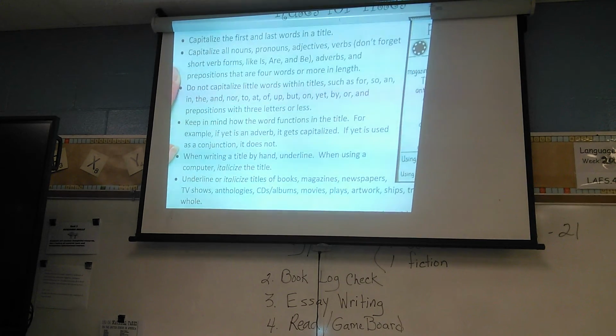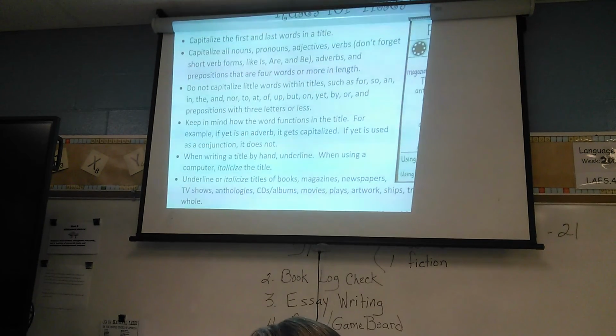They get capitalized. A preposition like above or under, that's more than 4 words long, gets capitalized. When you think about the words you don't capitalize, the word the.